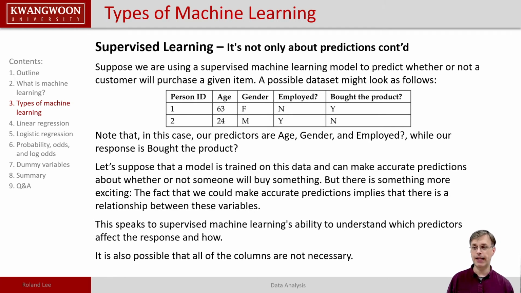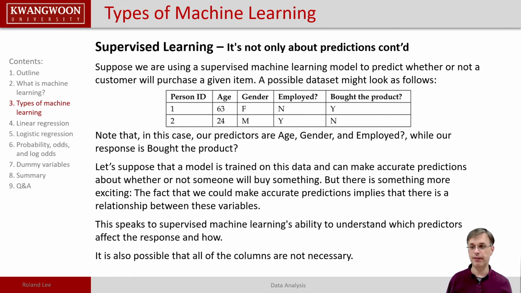The fact that we could make accurate predictions implies that there is a relationship between these variables, which means that to know if someone will buy your product, you only need to know their age, gender, and employment status. This might contradict previous market research indicating that much more must be known about a potential customer to make such a prediction.